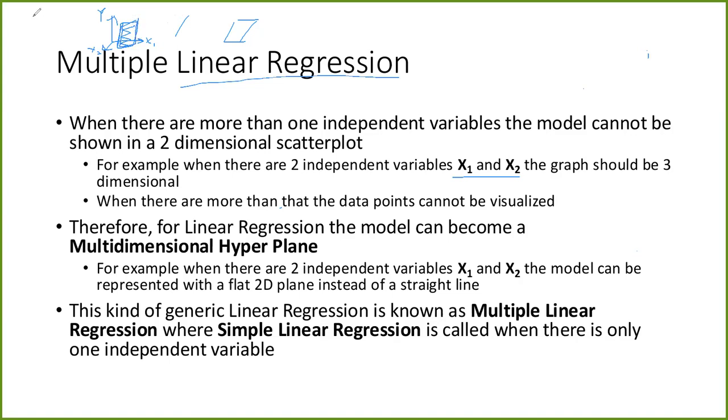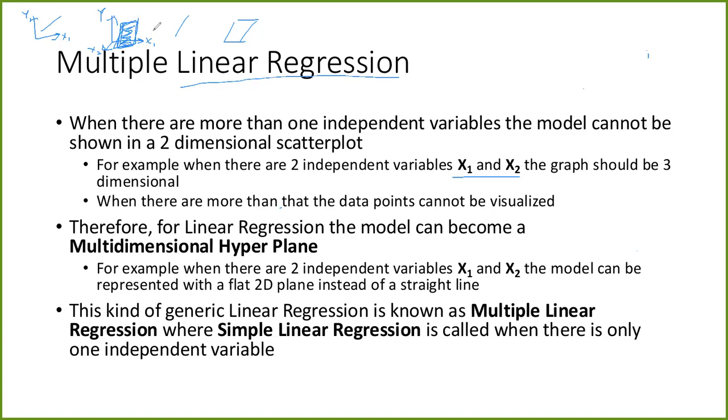So when there are two dimensions, x1 and y, we have to find the straight line. When it is a three-dimensional one, where x1, x2 are there against y, then you have to find the parameters for this two-dimensional plane.